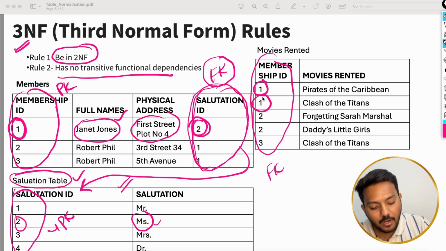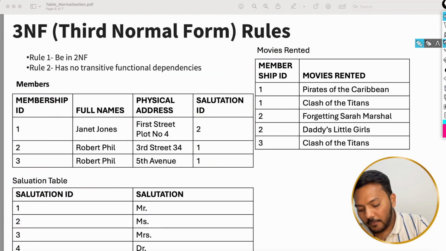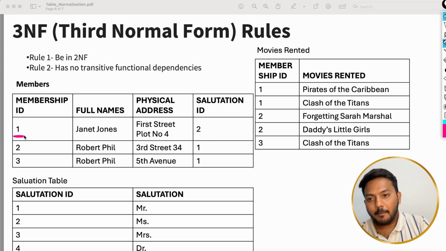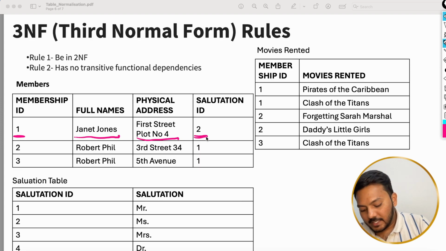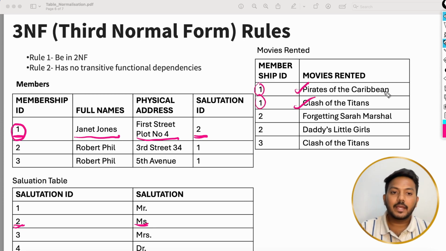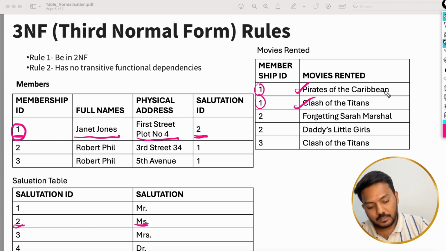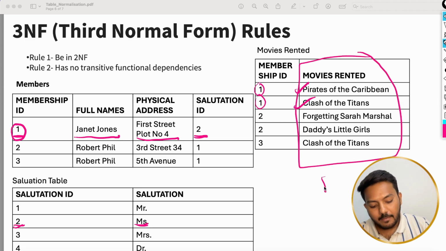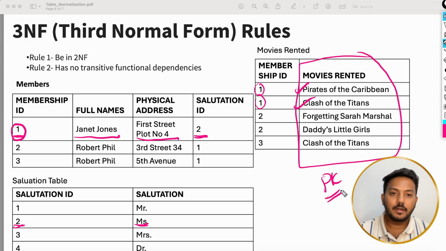If I have to link all of these tables, I would be linking like this. I have member ID 1, Janet Jones, physical address, and the salutation 2. Salutation 2 means the salutation is Miss, and because member ID is 1, she has rented two movies, Pirates of Caribbean and Clash of Titans, and these could be your primary key in this table.